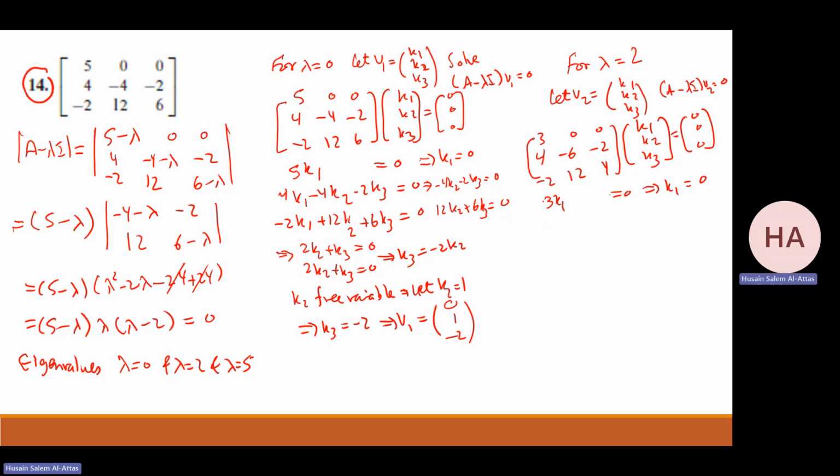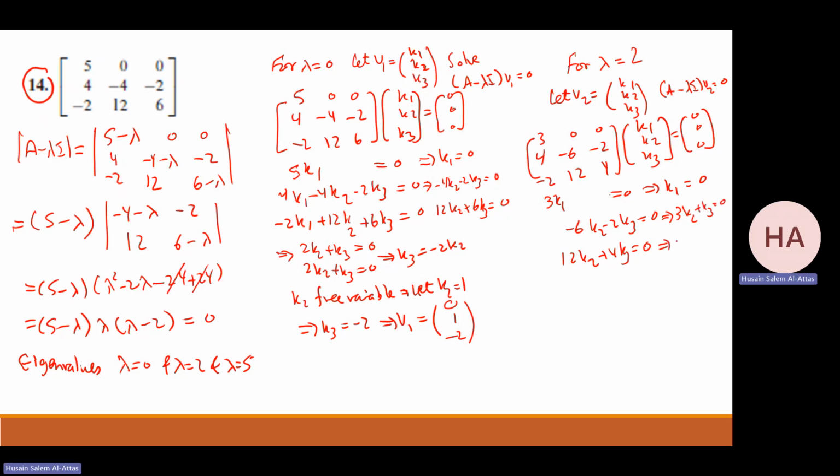Second one, I have plus 4k1, which is 0. So I have minus 6k2 minus 2k3 equals 0. And I have 12k2 plus 4k3 equals 0. These are the same. If I divide by minus 2, I'm getting 3k2 plus k3, just to show you they are the same.